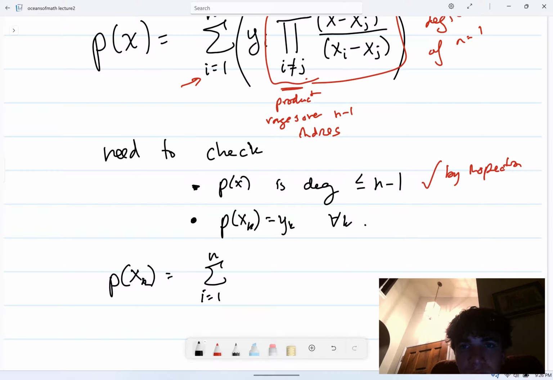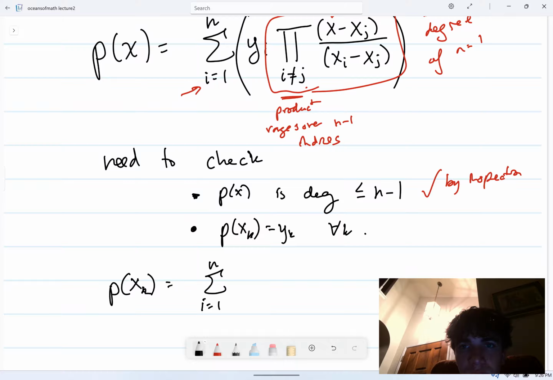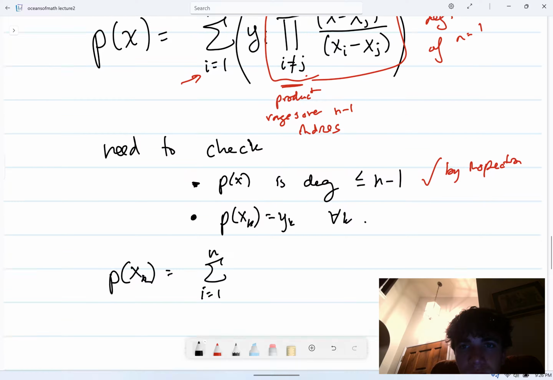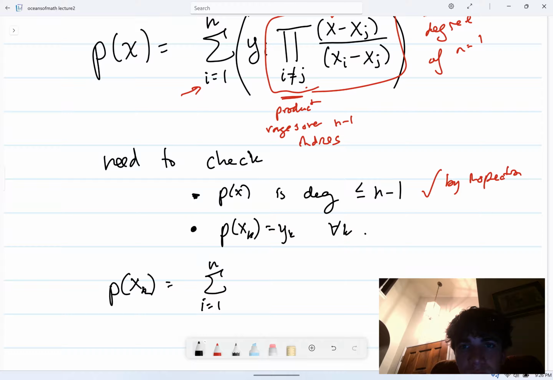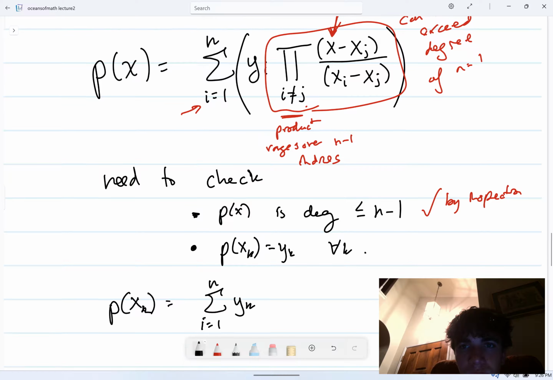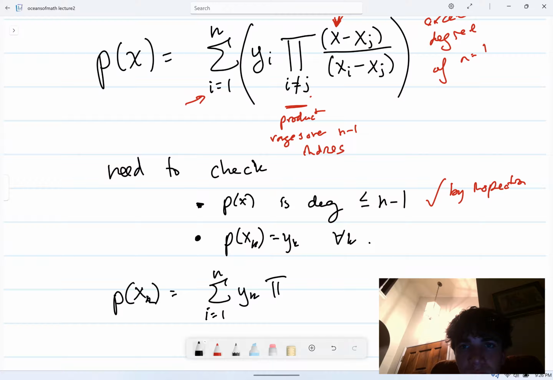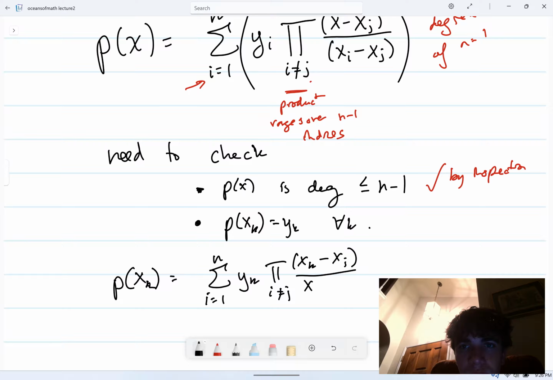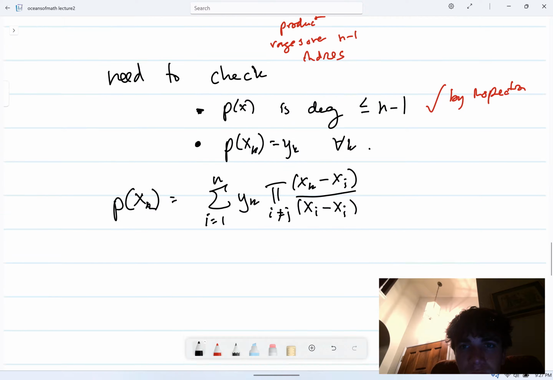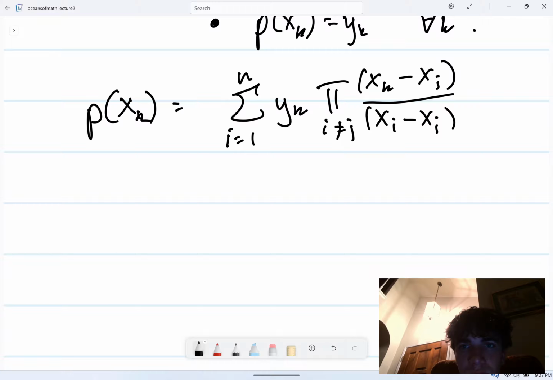So if I plug in a specific point xk, yk, then I'm going to get the summation from i equals 1 to n of yk times the product of j not equal to i, xk minus xj all over xi minus xj. Awesome. All right. So let's take a look at what happens here.